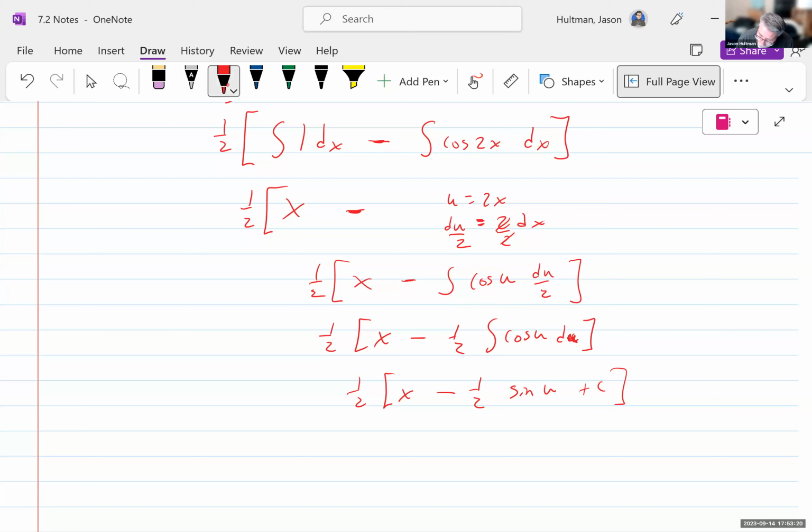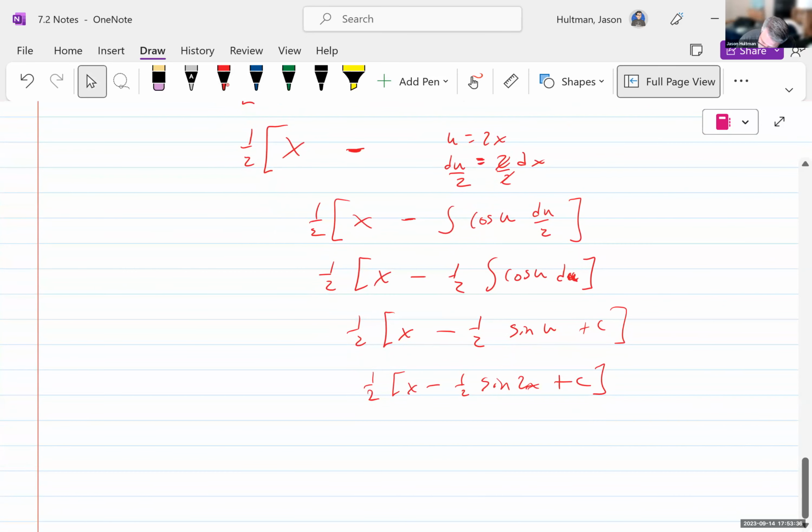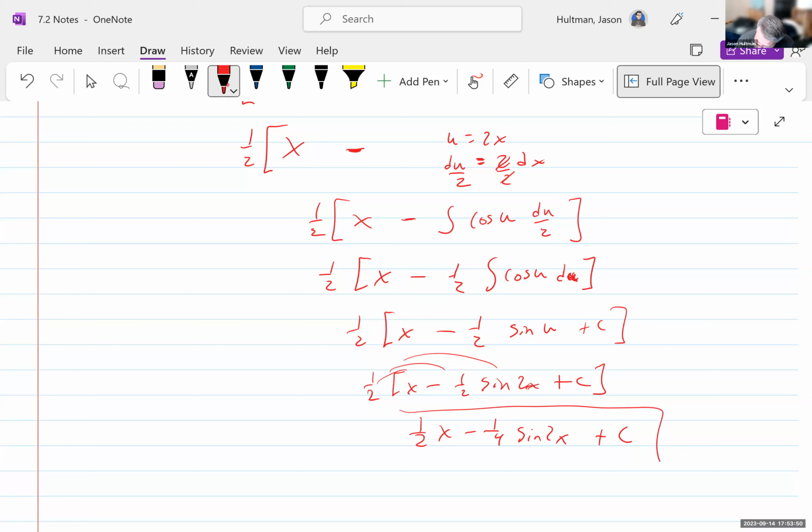But what was u? U was 2x. So this becomes 1/2 times x minus 1/2 sine 2x plus c. Then we multiply by the 1/2 and get 1/2 x minus 1/4 sine 2x plus c, because c over 2 is still a c.